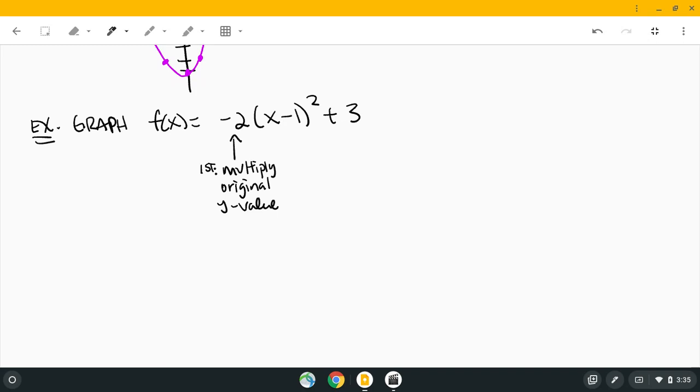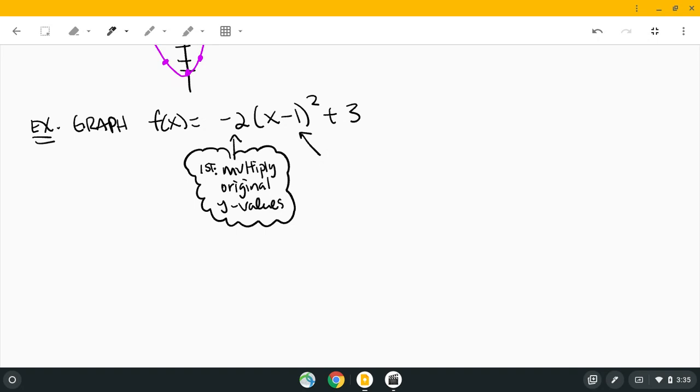So whatever the y values are for the parent function, they're going to get multiplied by this outside number. And we have to do that first, because if you shift it, then you lose the original points. And then it gets a little crazy. And then these two, it doesn't matter which one you do first. We usually do them one right after the other.